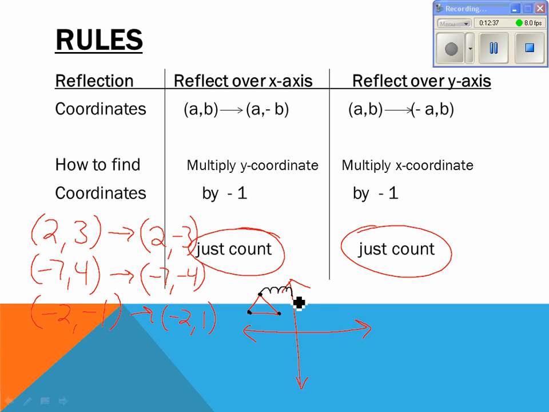And then the new point went over that many spaces on the other side. This one, counted, got 2, go over 2.